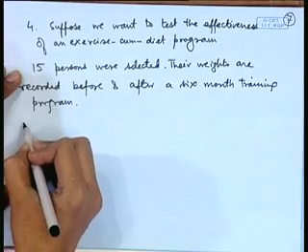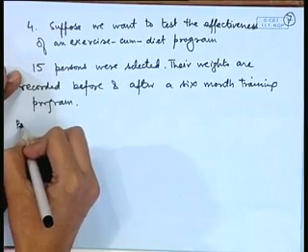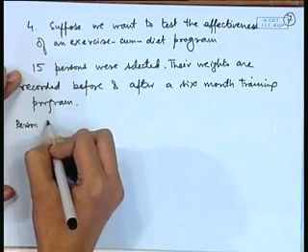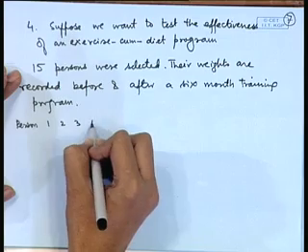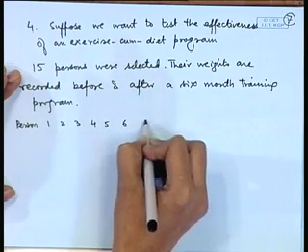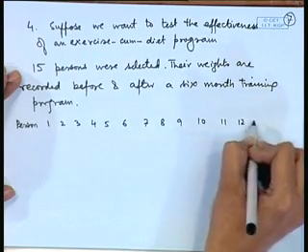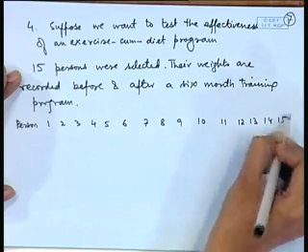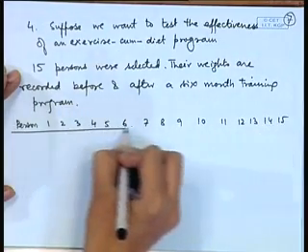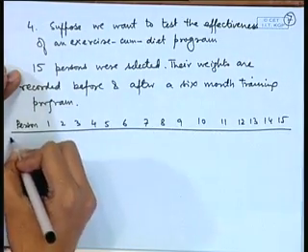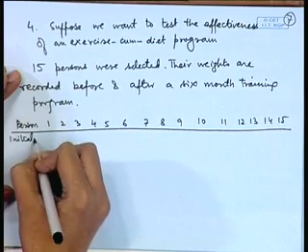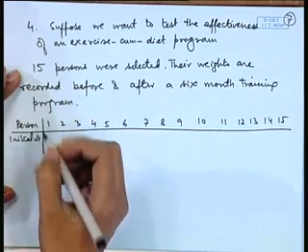Let us see the data is given in this form: person. So, we have persons 1, 2, 3, 4, 5, 6, 7, 8, 9, 10, 11, 12, 13, 14, 15. Initial weight is taken to notice whether there is a significant difference later or not.